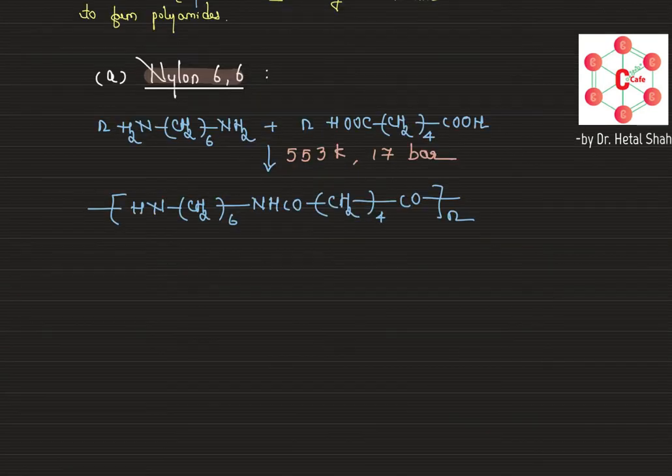The first and the most important polymer that falls in this category of polyamides is nylon 6,6. Nylon 6,6 is obtained by polymerization of two different types of monomers. This is called hexamethylene diamine. CH2 group is a methylene group, so hexamethylene diamine, and this is like a dicarboxylic acid which we call as hexane 1,6-dioic acid.